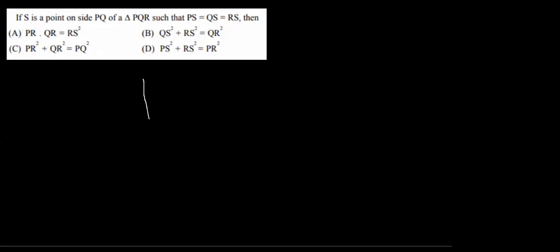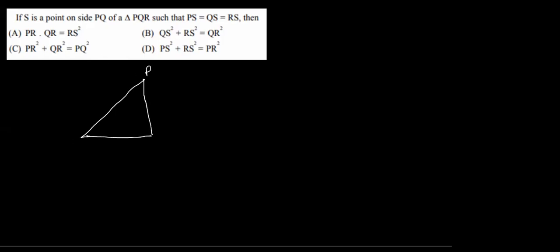Let me make this triangle in this way. It is not given to us that it is a right angle triangle, so I'm just making it like this. Okay, you can make it, आपकी choice है, अगर आपको नहीं given है तो आप तब भी बना सकते हैं. So it is given that S is a point on side PQ.